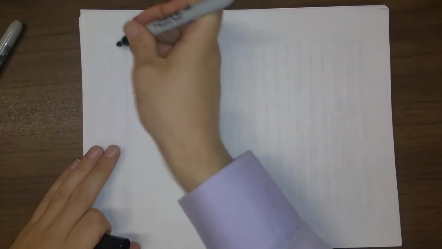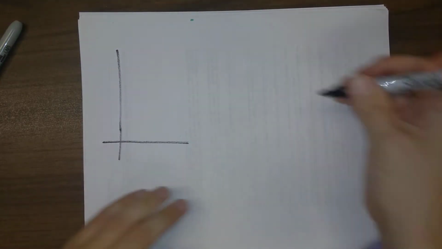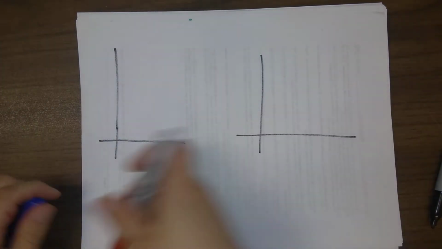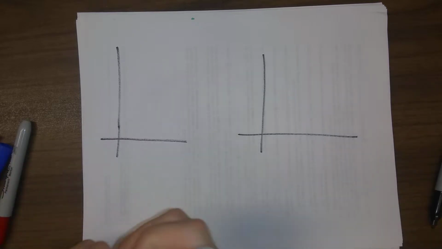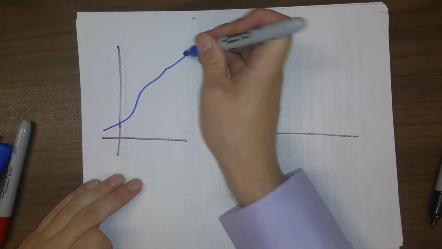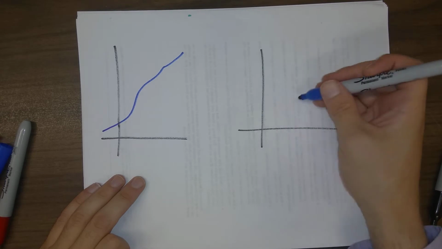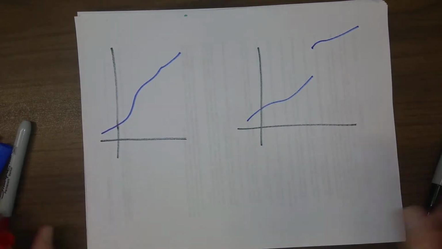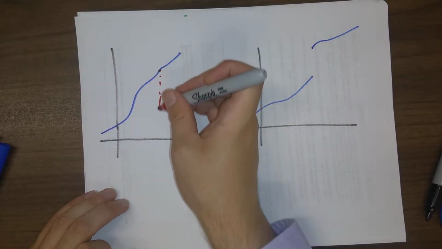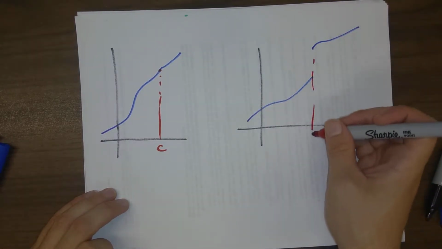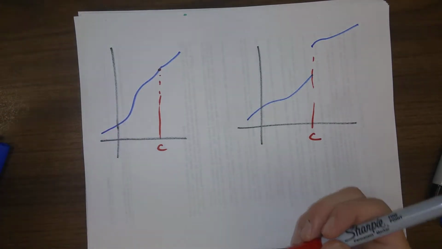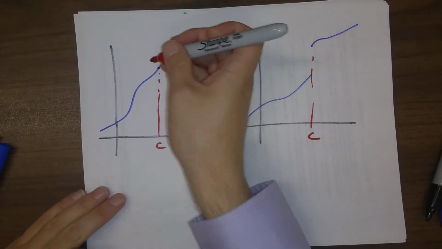So let's just have two function graphs here, where we want to have one of them to be a continuous function where the limit exists, and one of them to be a function with a jump discontinuity. So C, C. And let's just see how our definitions apply and don't apply.